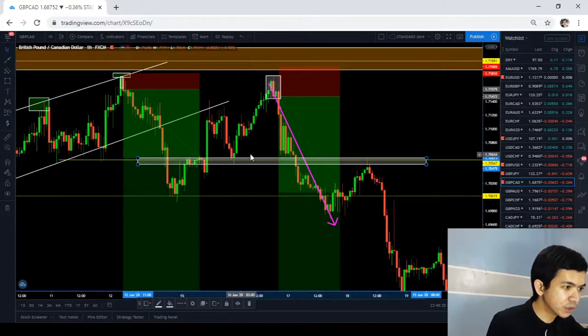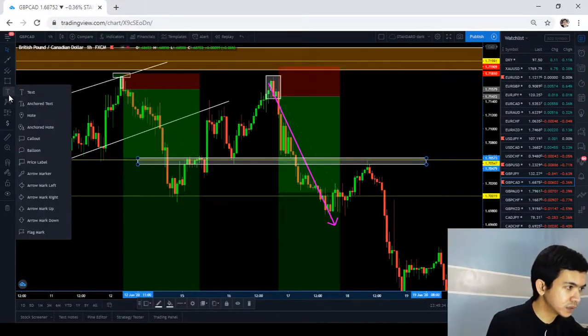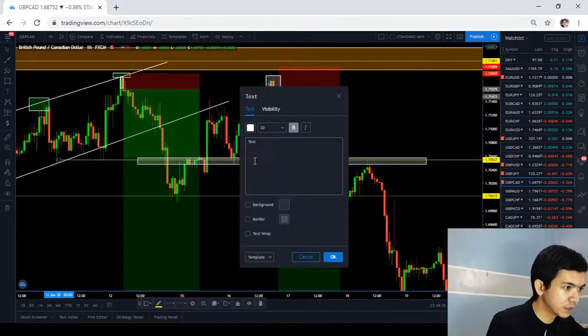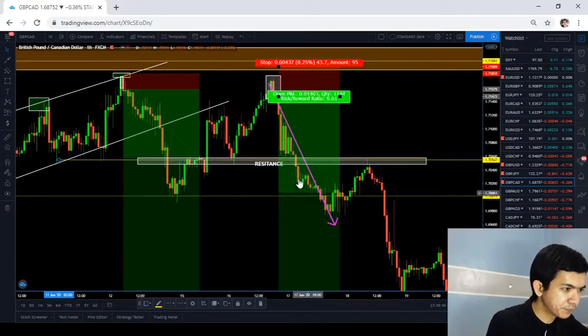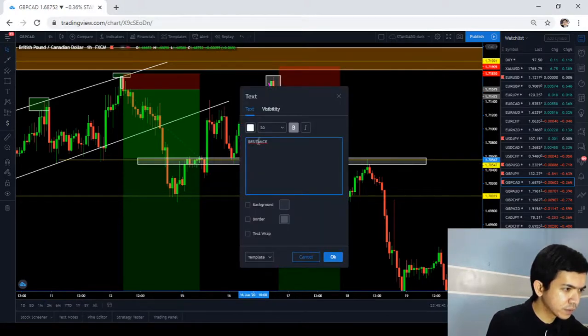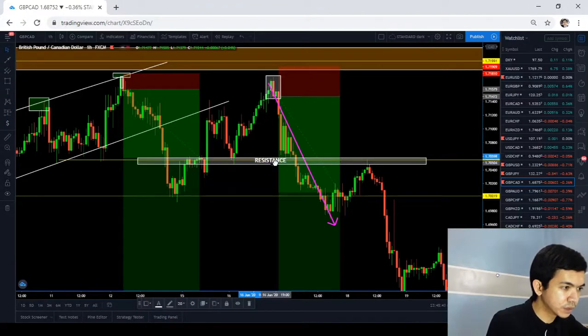Previous support, when broken, becomes what? New resistance. Right? New resistance. Alright?